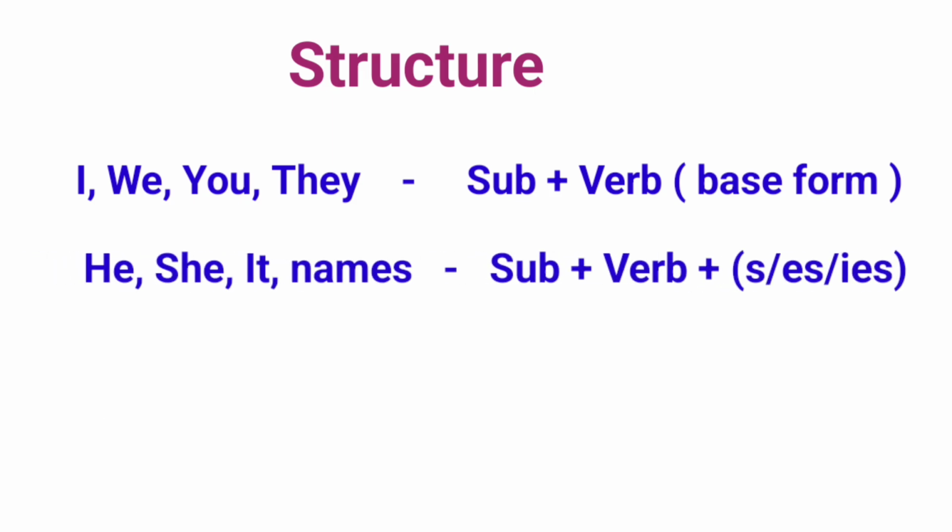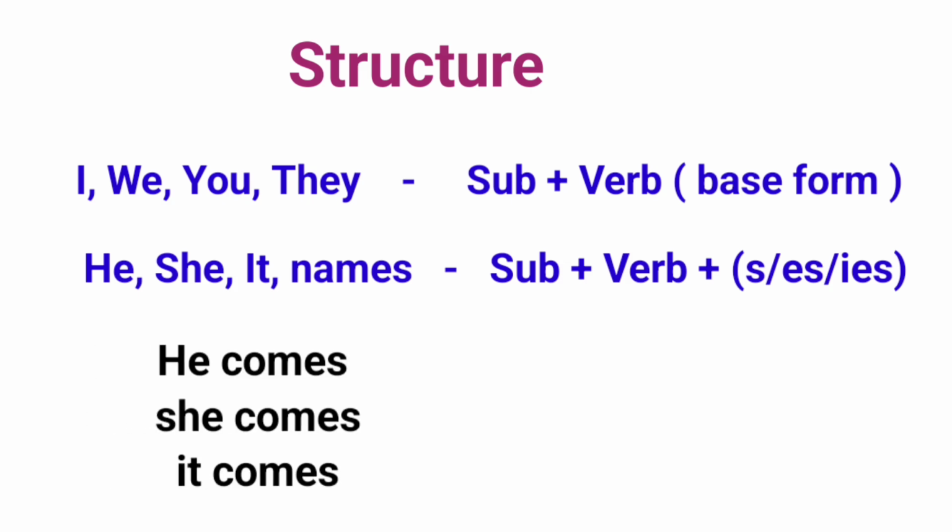And for he, she, it and names, the sentence should be subject plus verb plus s or es or ies. For example, if the verb is come, it will be he comes, she comes, it comes.